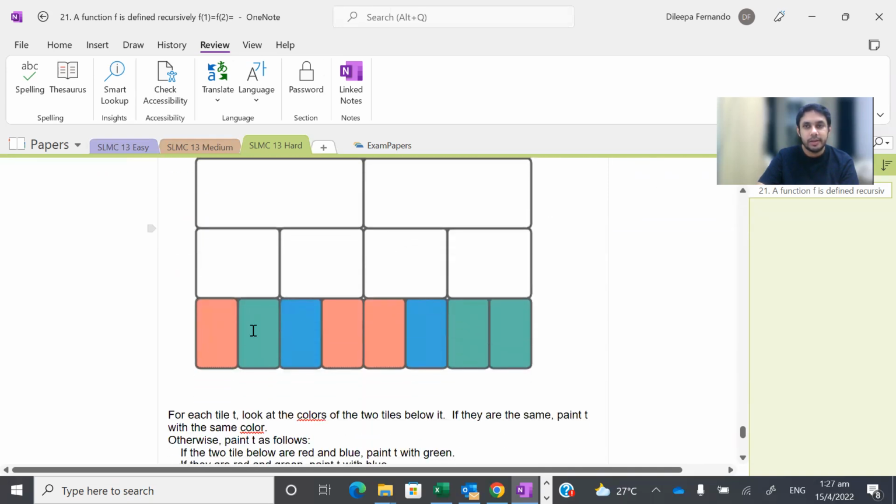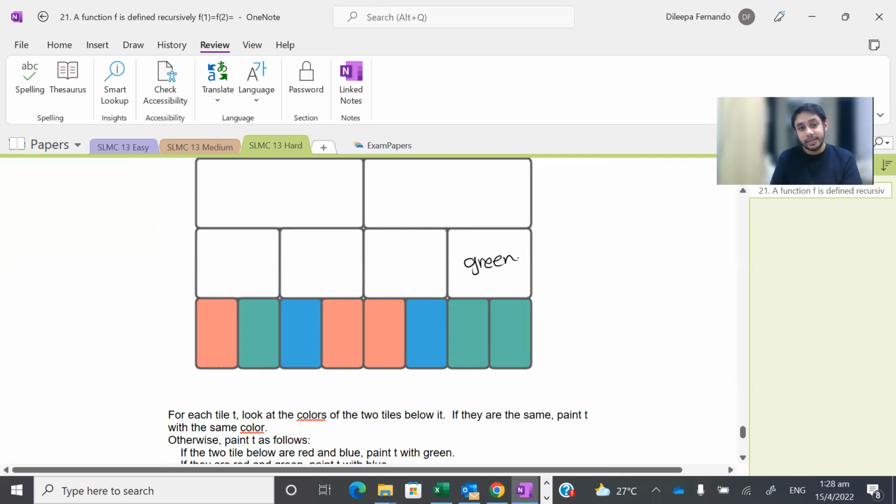And there are some rules. You have only red, green, and blue to color them. The color of the tile above is determined by the colors of the tiles below, which are adjacent. If you have the same color, the tile above will be drawn in the same color, for example here you have green, so this should be green because it's the same.